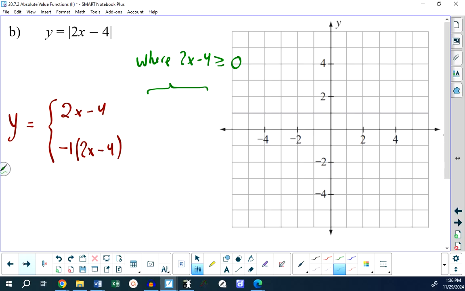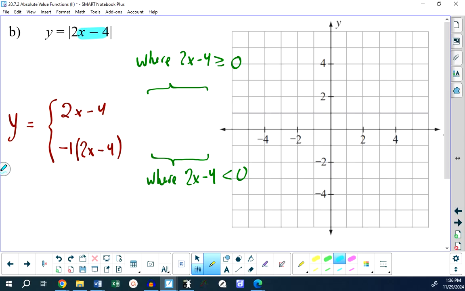This one is going to be where 2x minus 4 is less than 0. And again, I keep repeating this and I hope it sinks in. If 2x minus 4 is negative, and it's what's in the absolute value signs, then you have to take it and multiply it by negative 1 to make it positive. And that's what's happening here.